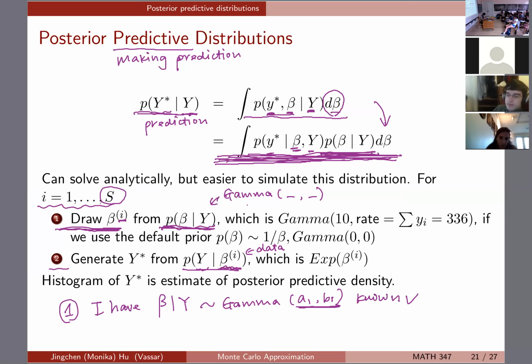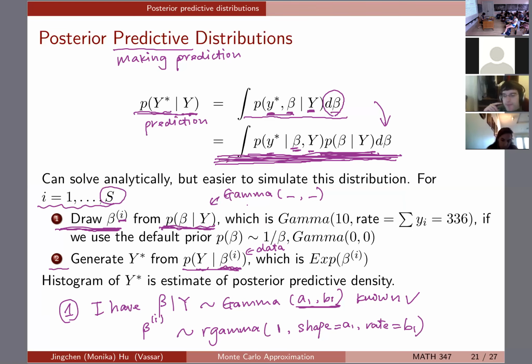Because I have that, I can actually draw. Over here, I use beta I. Draw in R, it's going to be R gamma, a random draw of the gamma distribution. You can tell that I'm going to draw one of it, right? And then the shape parameter is A1, and the rate parameter is B1. So this will be the first step.